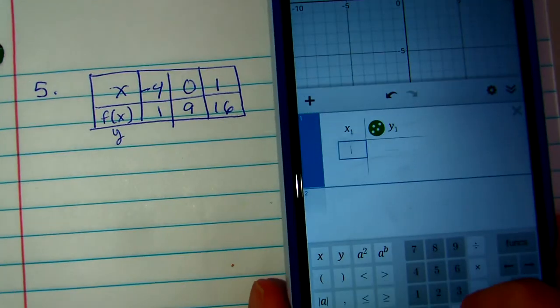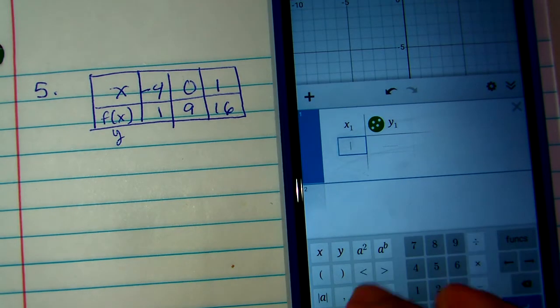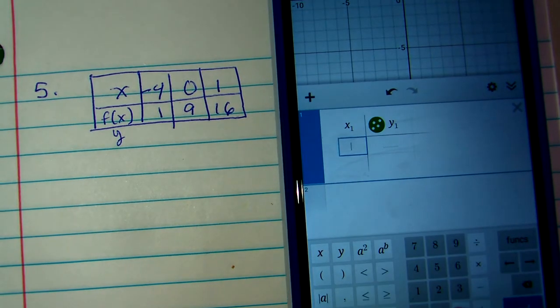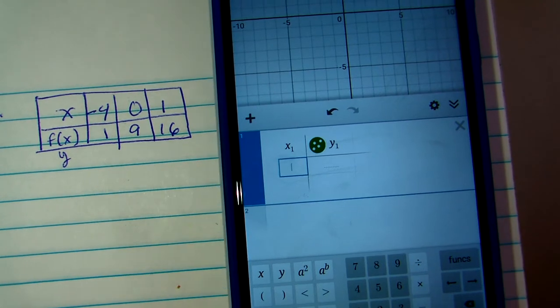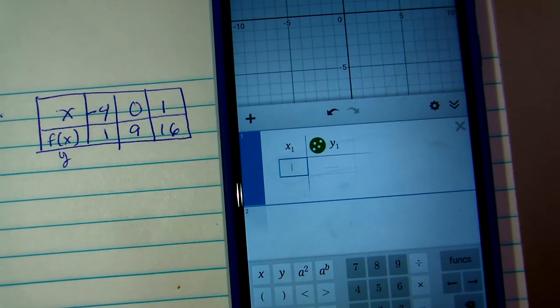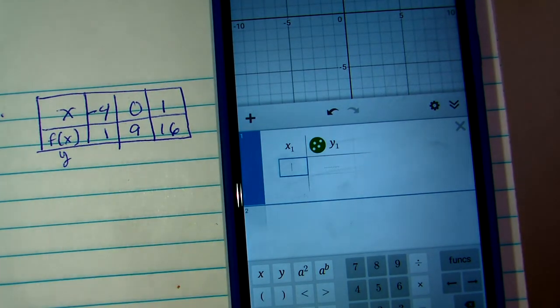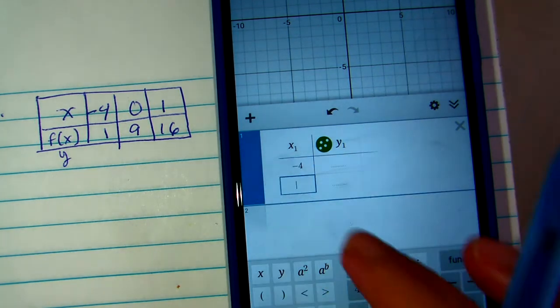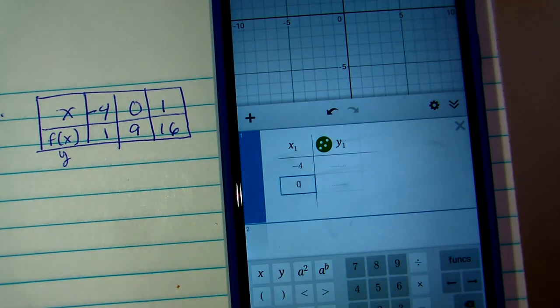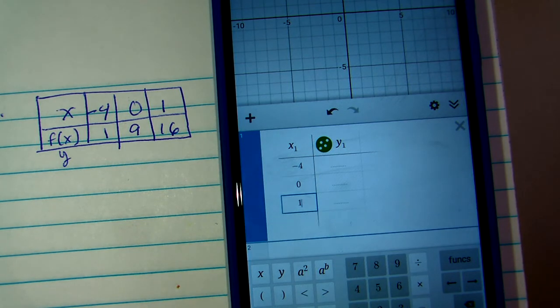Somebody in my classroom was also using their cell phone for the table. That's okay, or you can use your computer. For the x, we're going to put these numbers: -4, then 0, then the 1.